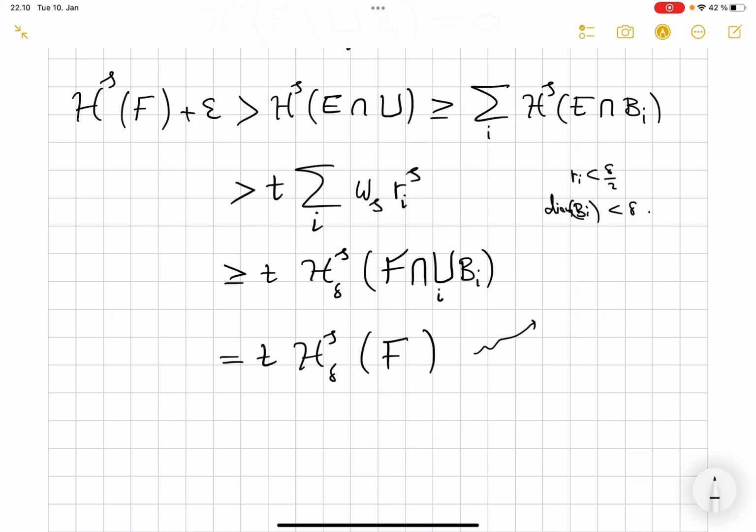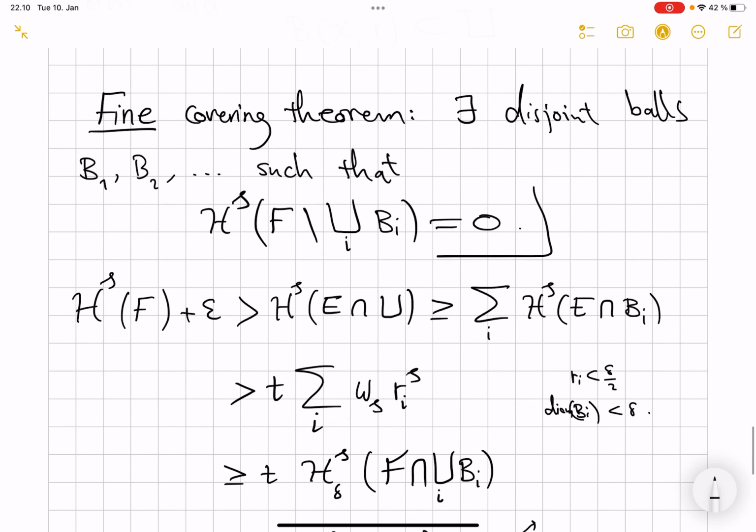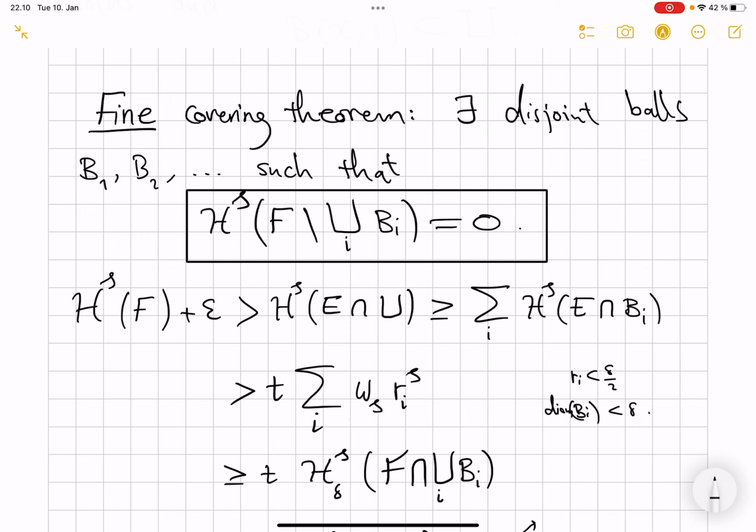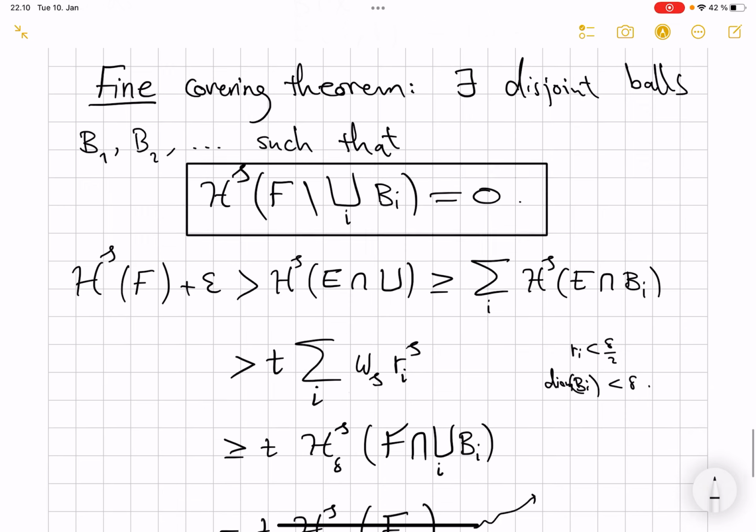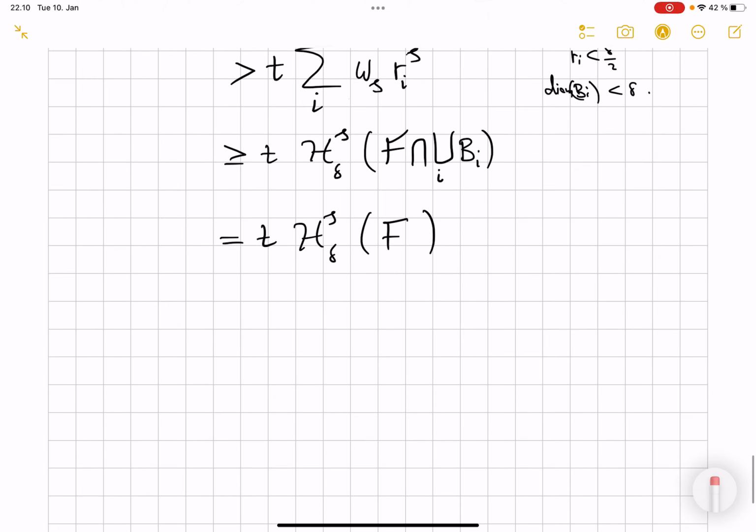This is because of this one here. So the deficit, the difference between having intersected with this versus not intersecting with it. This is apparently a smaller set than this. Set theoretically, this is smaller than that. But the deficit has 0 H^s measure. And remember that H^s of something being 0 means that H^s delta of that thing is 0, simply because this is less than that. But more is true, the opposite is also true.